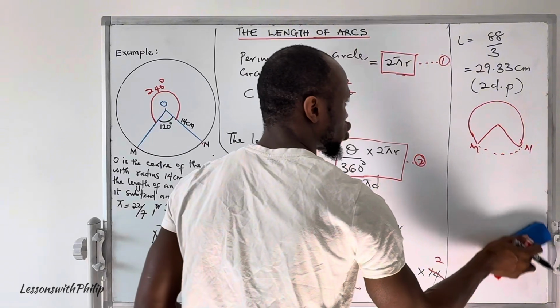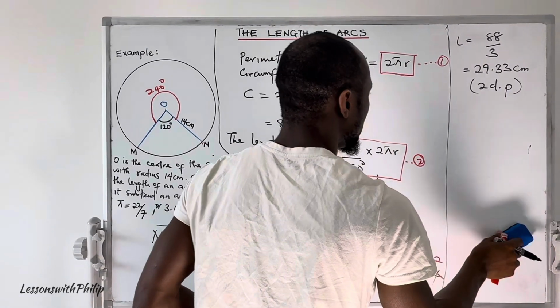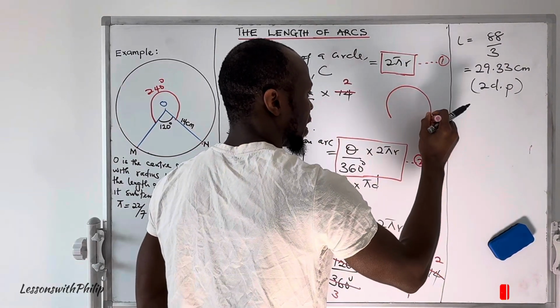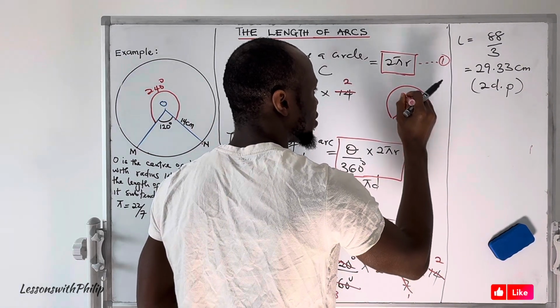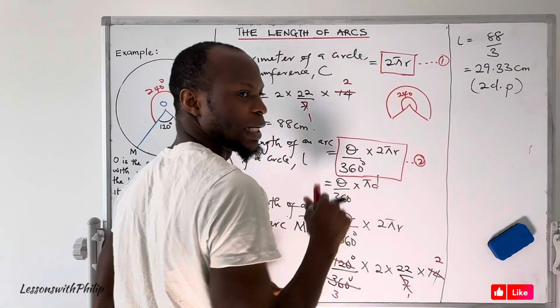Another way which I can just prove, let me use the formula. So if the circle is this, the arc is this. Now this one is 240. This is the angle I will use because that's the angle that subtends the arc.